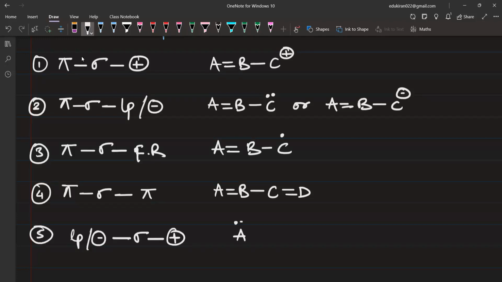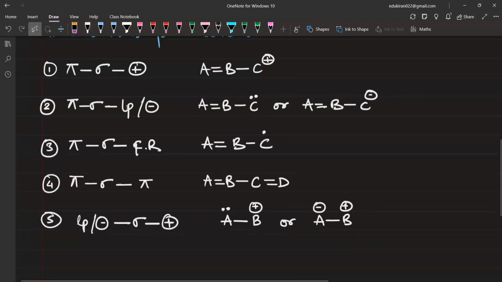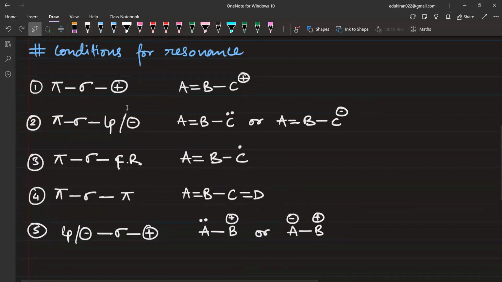So atom A के पास क्या है? Lone pair, then there is a sigma bond, and then we have B atom with a positive charge. Or it can be something like this: A with a negative charge, sigma bond and B with a positive charge. So these are the conditions for resonance. If you identify any one of these conditions, then वहां पे resonance होगा.